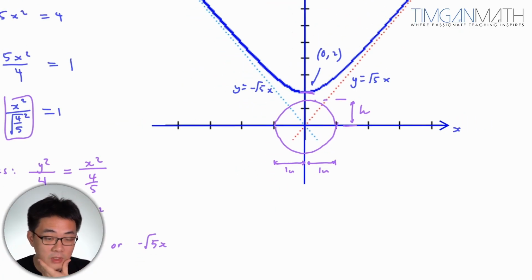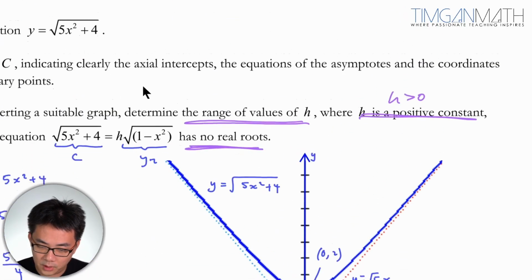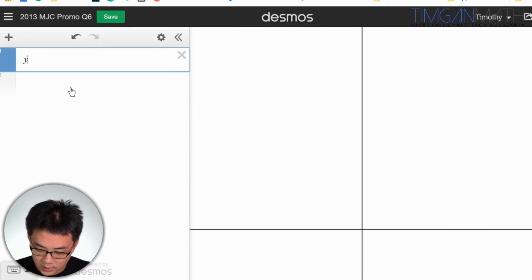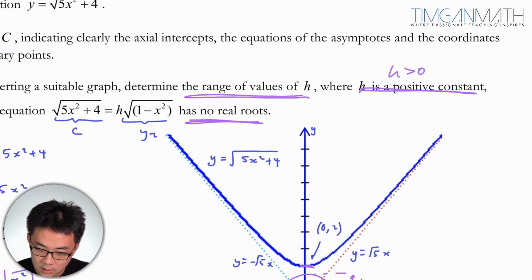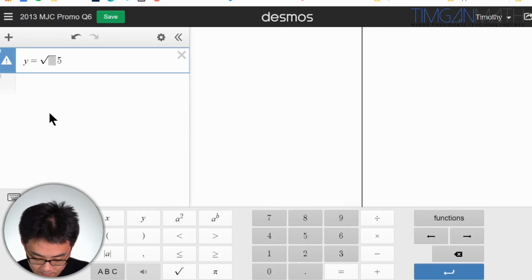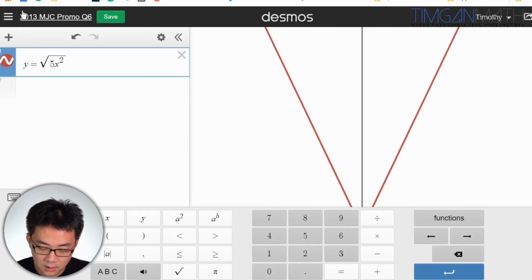If you were to visualize this using Desmos, I'm going to just embed this and share this graph here. So this is 5x squared plus 4, I think.